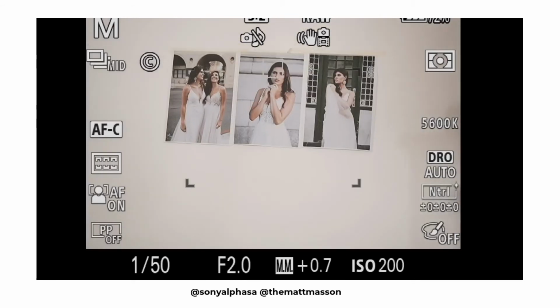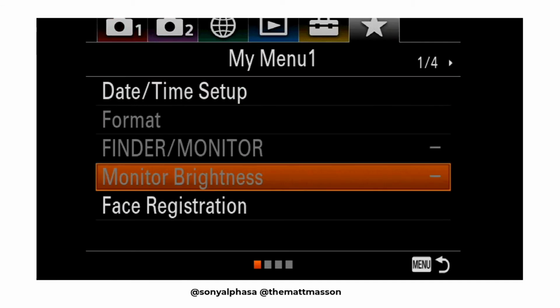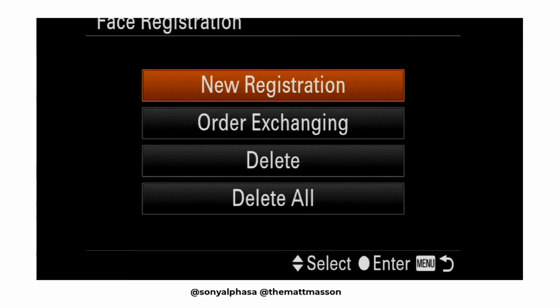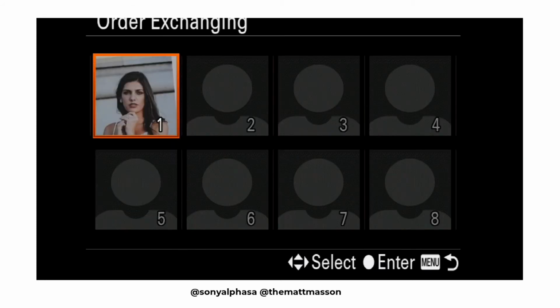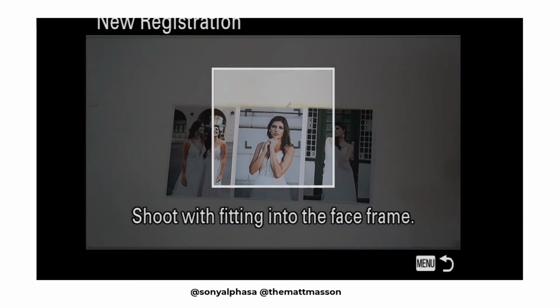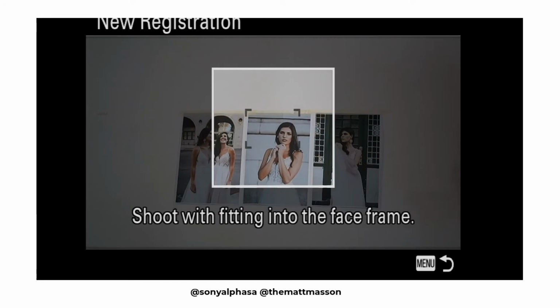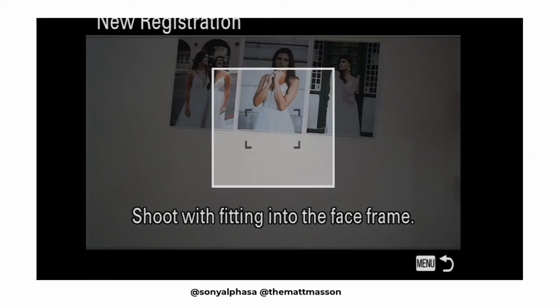So we go into the settings on your camera here, and I've made a little My Menu setting here for face registration. Here, face registration, you can order the new one. So I just have her face in. I programmed that in a little bit earlier. I'm not going to get up and show you exactly how to program it in, but all you do is press new registration. You put her face in the middle. You press enter. Well, I'm a little bit too far away. So it's a little bit far away, but I'm not going to get up and do it now.